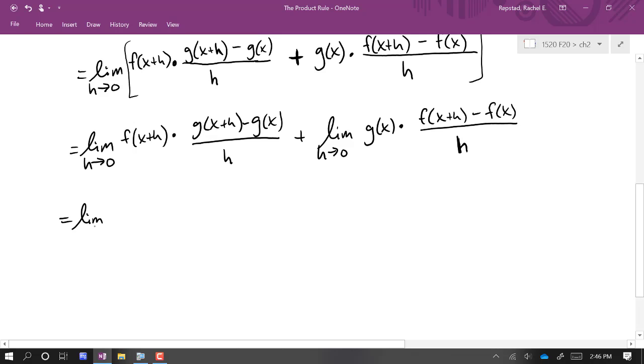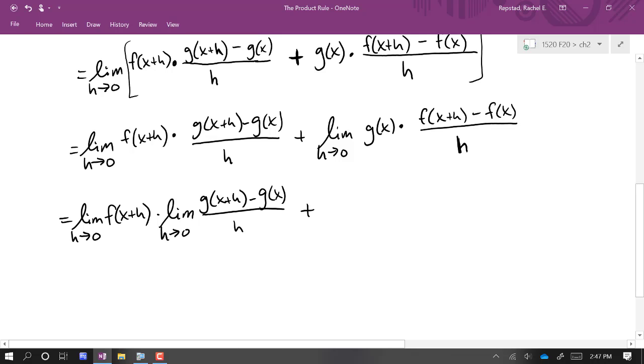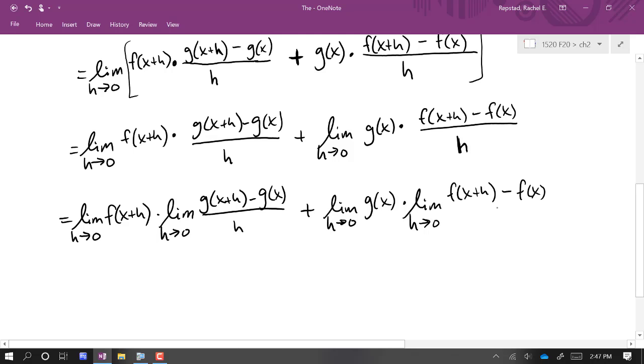We have the limit as h approaches 0 of f of x plus h, times the limit as h approaches 0 of g of x plus h minus g of x all over h, plus the limit as h approaches 0 of g of x times the limit as h approaches 0 of f of x plus h minus f of x all over h.